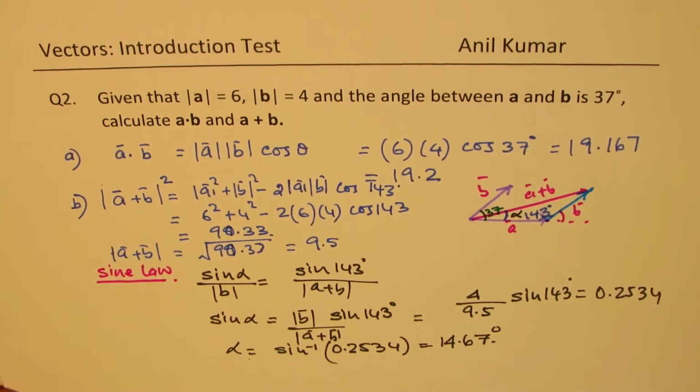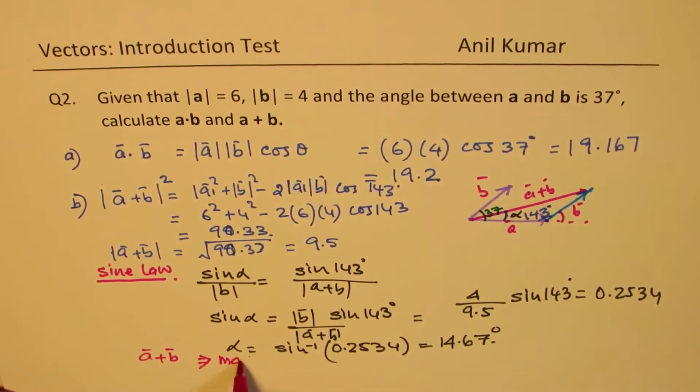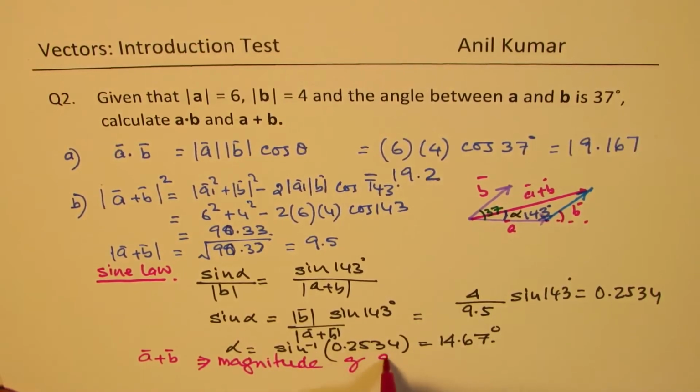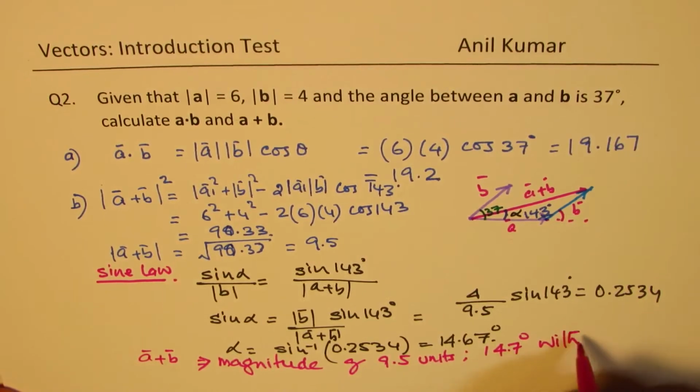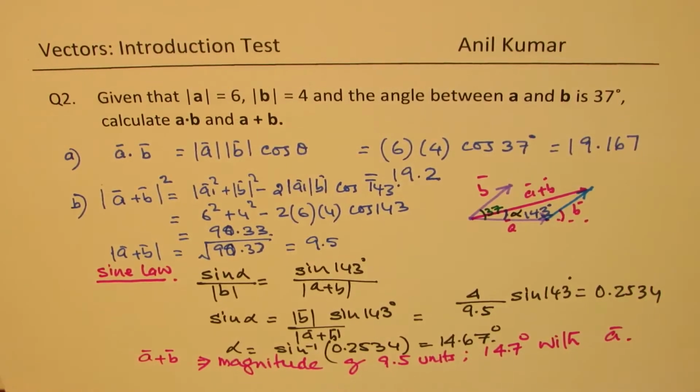So we have our answer here. We know now that the vector A plus vector B has a magnitude of 9.5 units and makes 14.7 degrees with vector A. Clear?